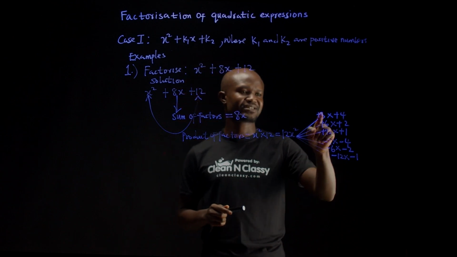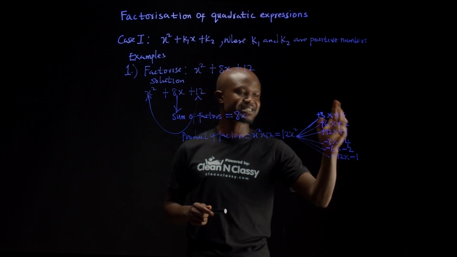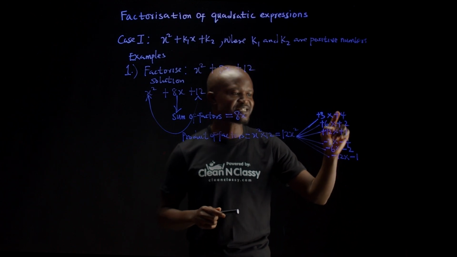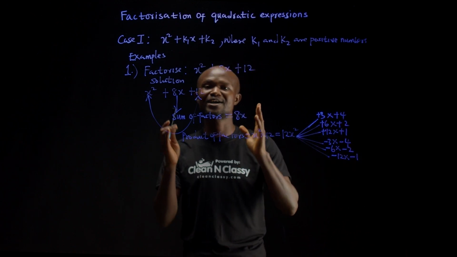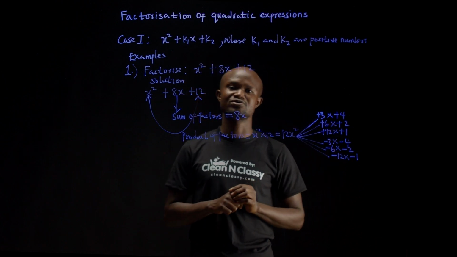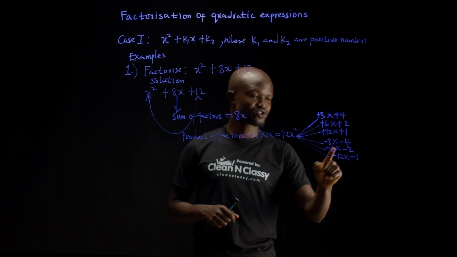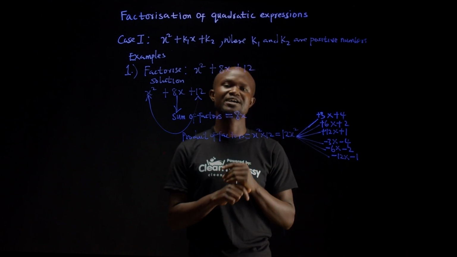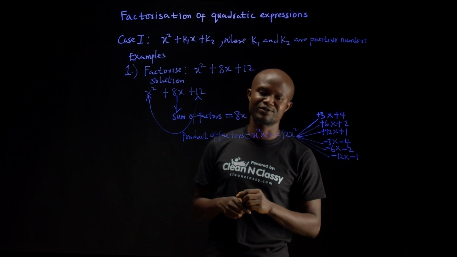So 3 times 4 is 12, 6 times 2 is 12, and 12 times 1 is 12. Minus 3 times minus 4 is also 12, minus 6 times minus 2 is 12, and minus 12 times minus 1 is also 12.